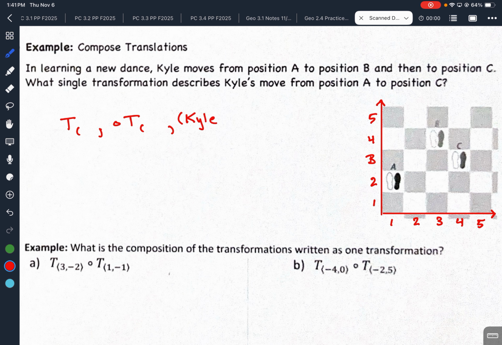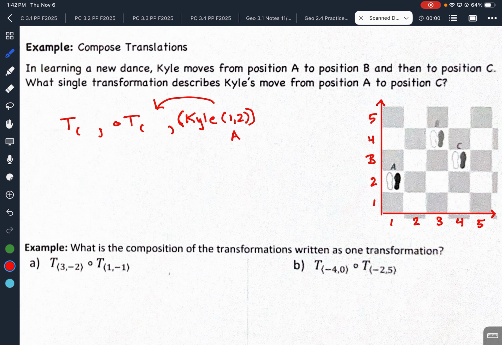And where does Kyle start? What are the coordinates of Kyle when he starts? 2, 1. Nope, other way. 1, 2. Okay, so he starts at A and he has to go to B. So B is going to be here.